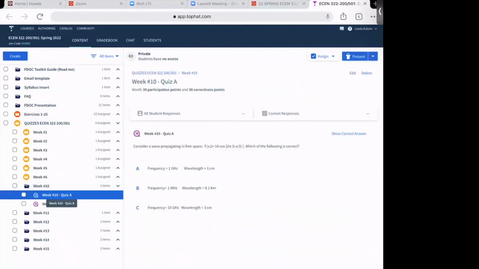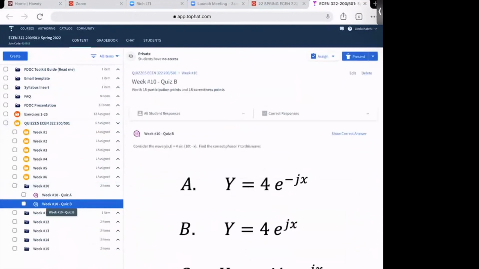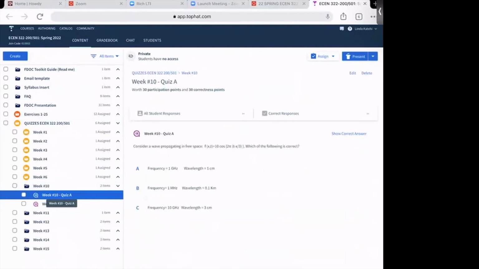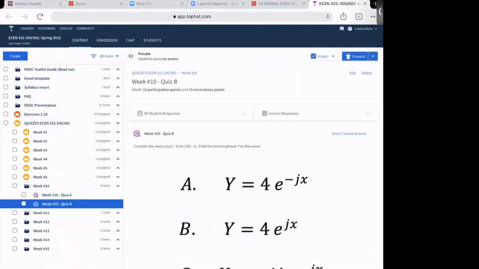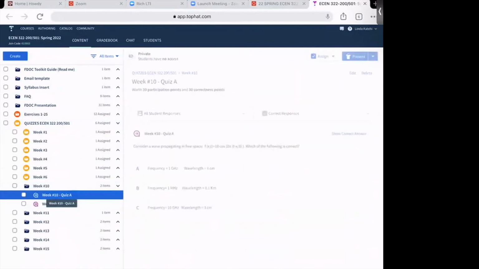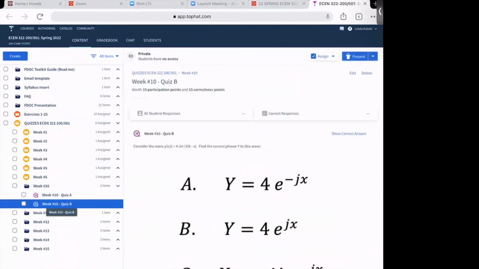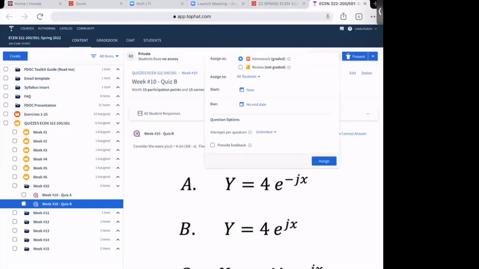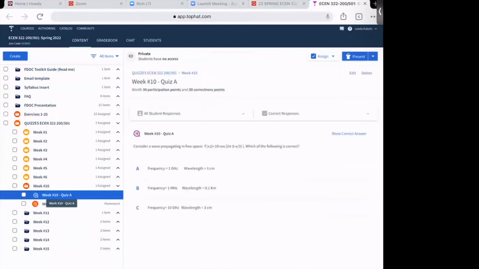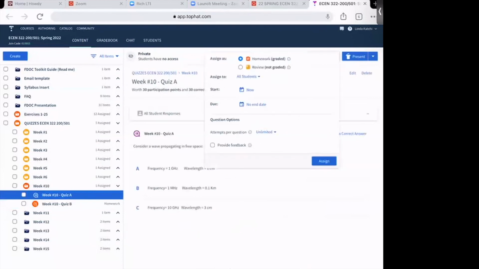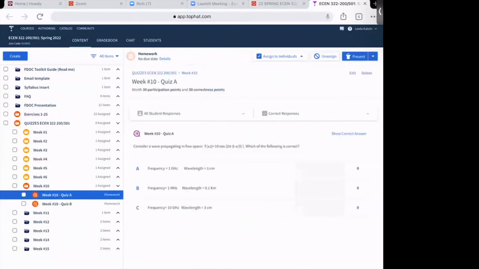The quizzes are from review. They're all review, as a matter of fact. So one is to find frequency and wavelength. The other is to find the phasor forms. Remember the phasors? Okay. So I will activate both of those, and activate homework. Okay. So for Monday.